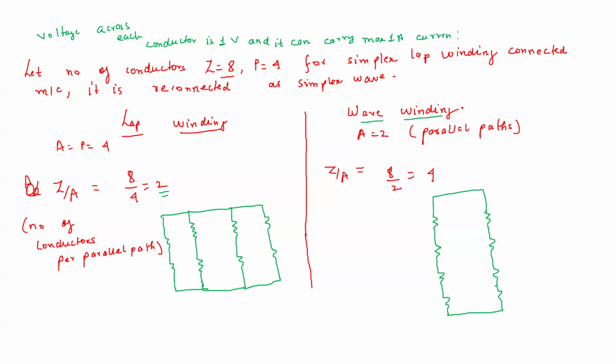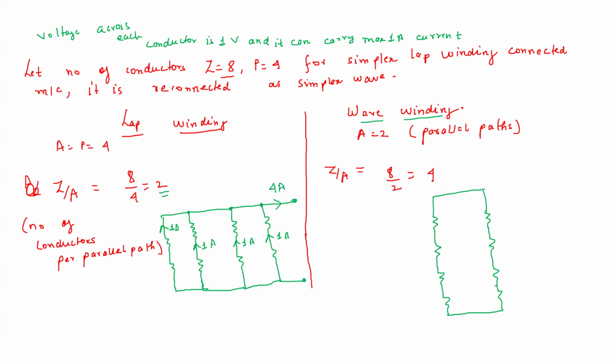Let us see what happens in the two cases for the power and the voltage. In the lap winding, 1 ampere will flow in each path. At the output, because these are parallel connected, all the currents will be added up and you will get the total current as 4 ampere.